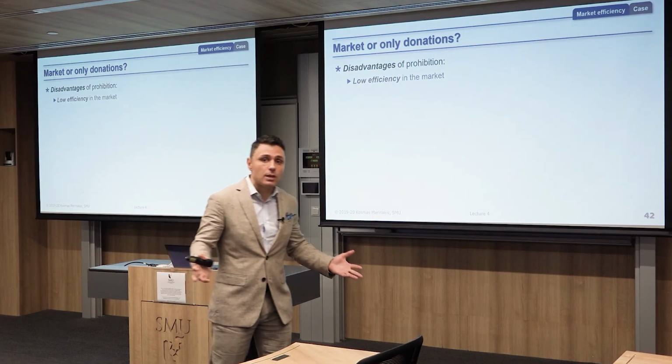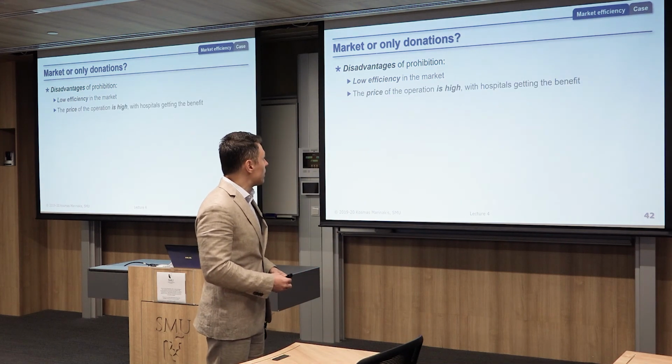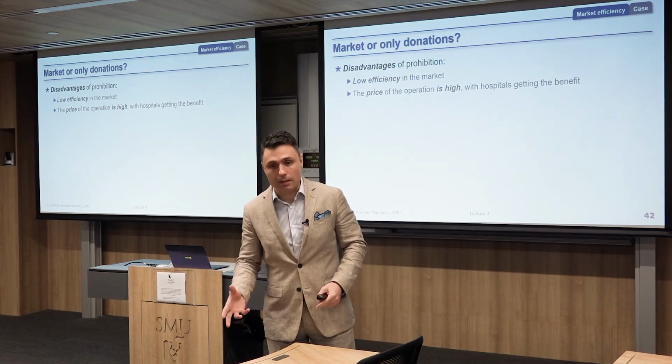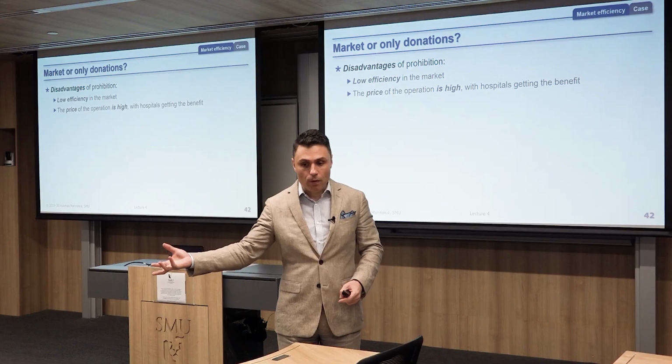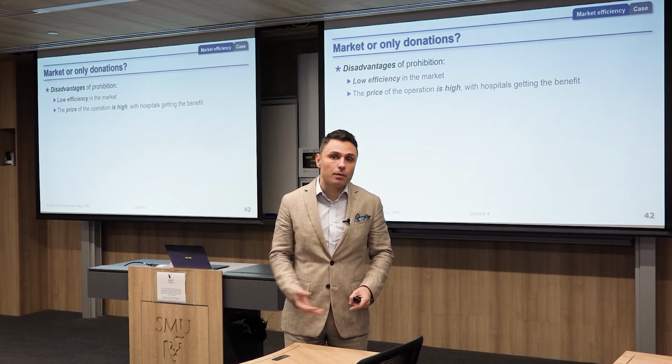The disadvantages of prohibiting a market is that there is low efficiency in the market, lots of surplus that doesn't get to be distributed. The price of operation now is high, with hospitals mainly getting the benefit, sometimes from the patients directly, sometimes from the insurance companies, doesn't matter.